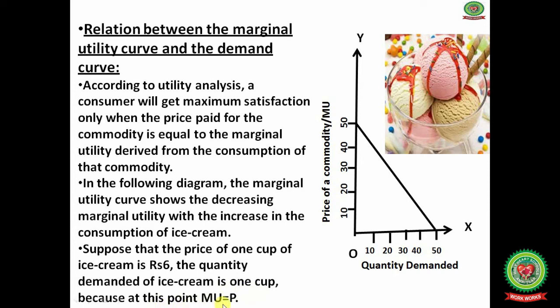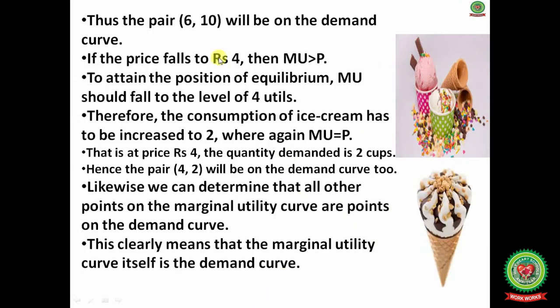In the diagram, the marginal utility curve shows the decreasing marginal utility with the increase in the consumption of ice cream. Suppose that the price of 1 cup of ice cream is ₹6 and the quantity demanded is 1 cup, because at this point marginal utility equals price. Thus the pair 6 and 10 will be on the demand curve.